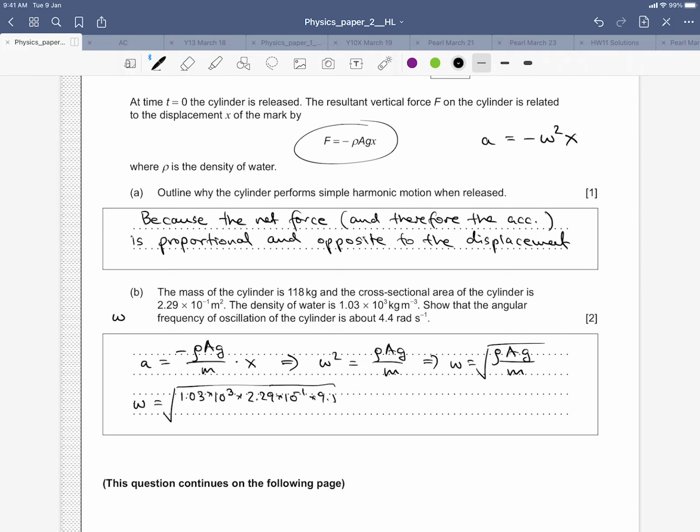Times 9.81, divided by the mass, 118, and that's in kilograms, and the density was in kilograms. So okay, everything works out well, and we do also get the right value, 4.43 radians per second, which is approximately 4.4.